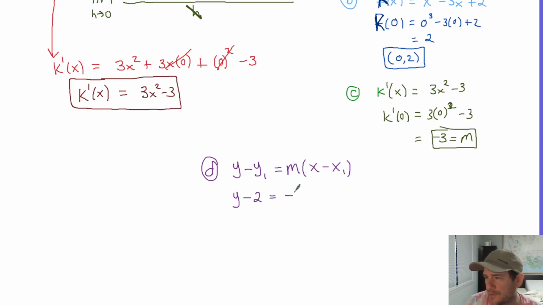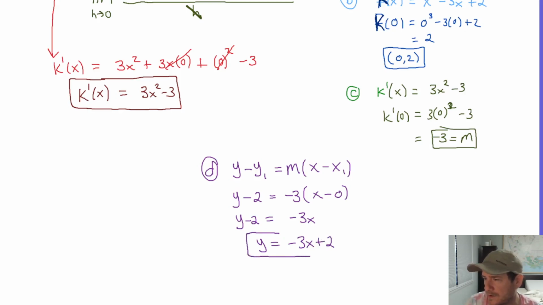M is our slope, so we drop in our negative 3. And x1 is the x coordinate, which is 0. Which means this is kind of an easy one. We get y minus 2 equals negative 3x. And then we add 2 to get y equals negative 3x plus 2. And that's it. That's that whole problem done.